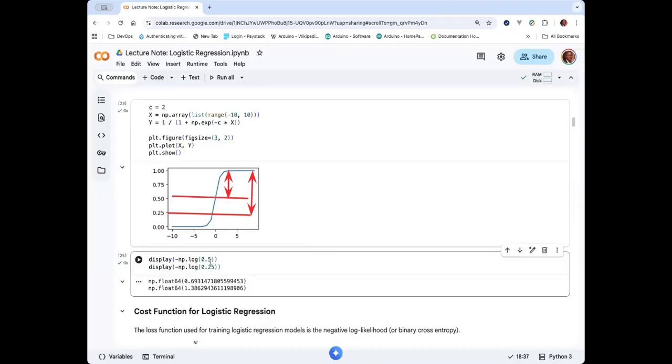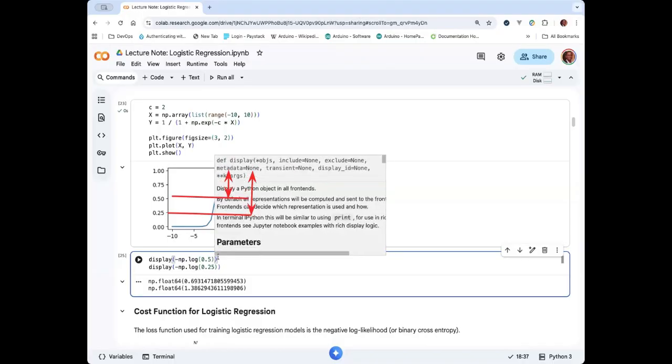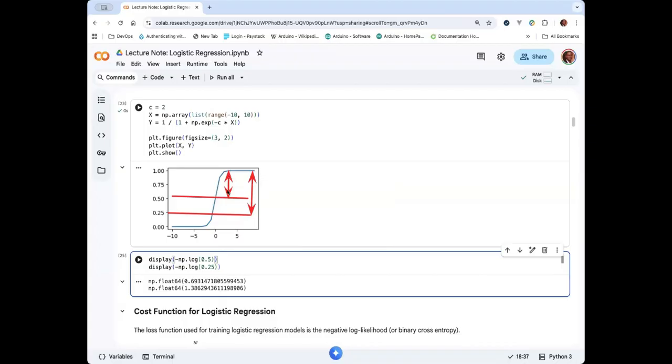So 0.5, which is closer to 1, will have a lower value, while 0.25, which is further away from 1, will have a higher value.